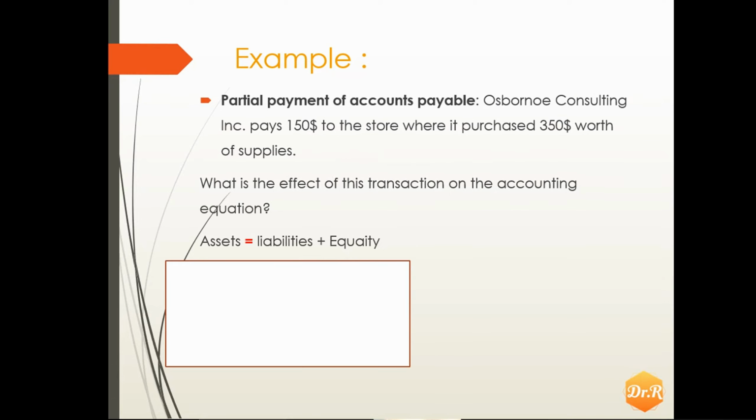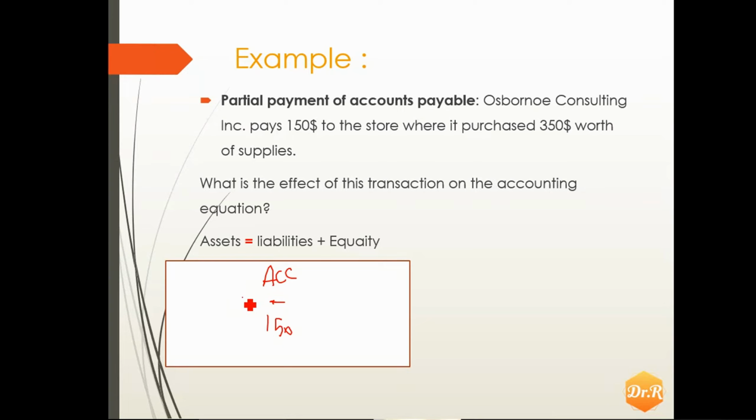Another transaction, partial payment of accounts payable. We make a partial payment for our accounts payable. Osborne Consulting pays $150 to the store where it purchased 350 worth of supplies. What is the effect of this transaction on the accounting equation? Accounts payable decreases by 150.